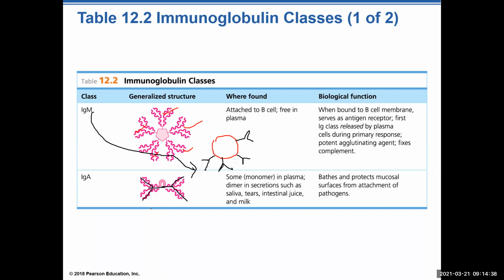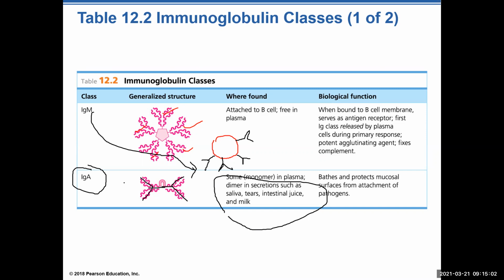This is again a very important antibody because sweat, intestinal juice, milk, and saliva are all rich in IgA antibody. They are very limited in the plasma. They're usually found in these body secretions, and they're very specialized.